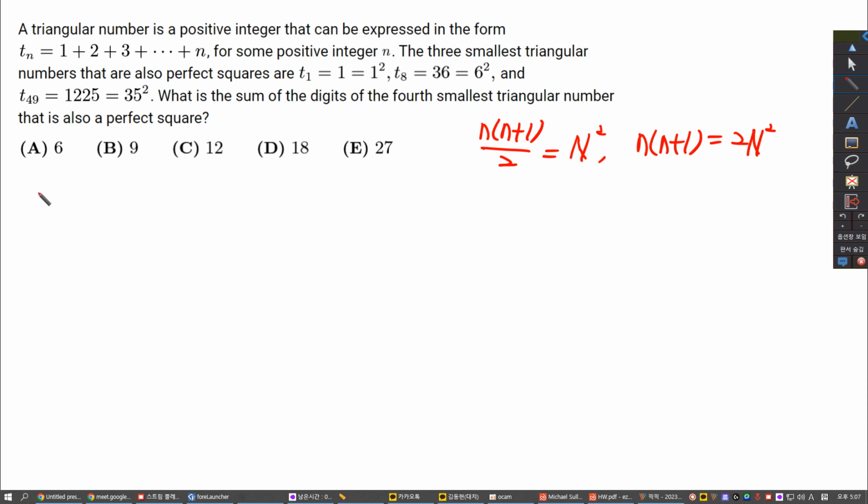So the first case is if n is a perfect square, then n plus 1 should be 2 times another number's perfect square. And the multiplication of these will make 2 times a large n squared.